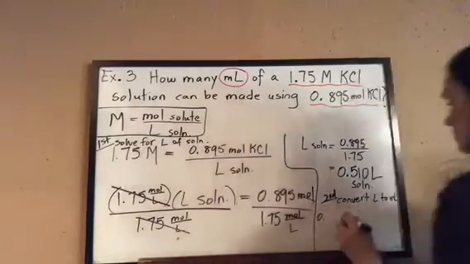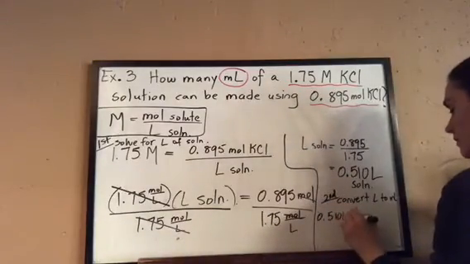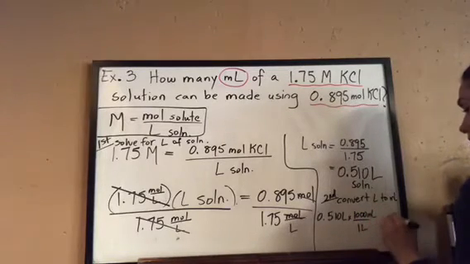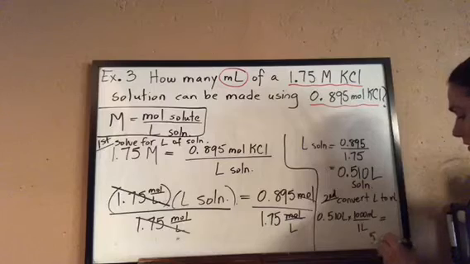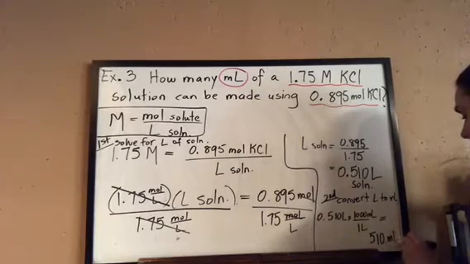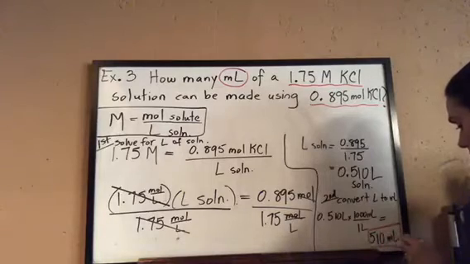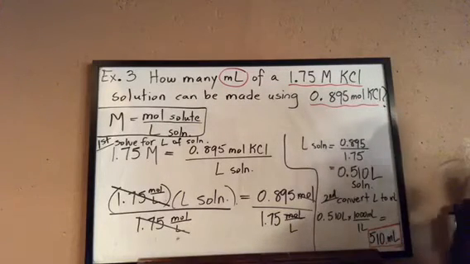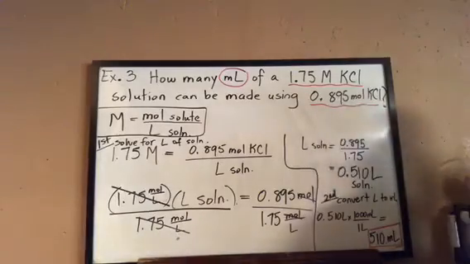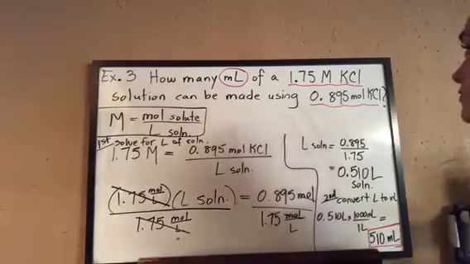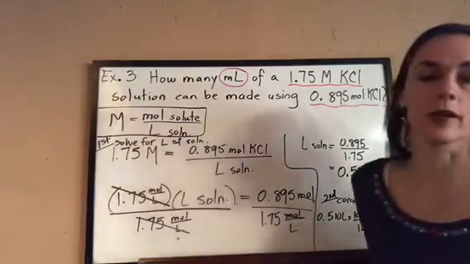Trying to keep this neat. 510 milliliters. So that's the amount of solution that you could make with 0.895 moles of potassium chloride to get a concentration of 1.75 molar potassium chloride.